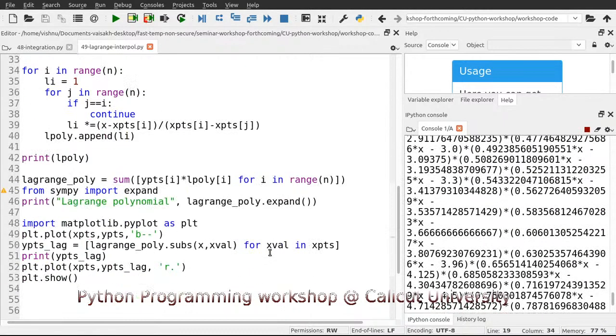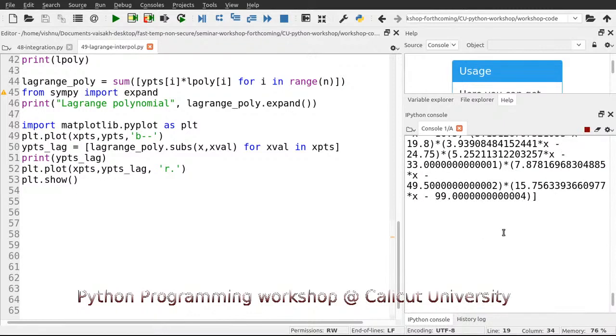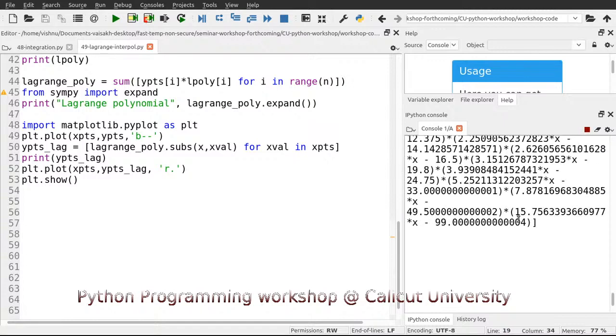It has given the polynomial, but for plotting we are still waiting. Oh, why is it taking so much time?